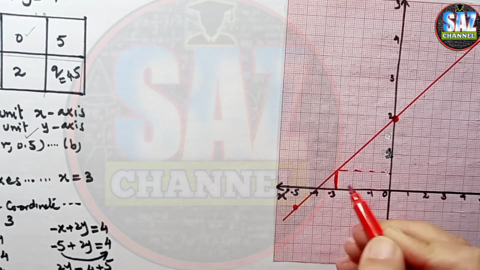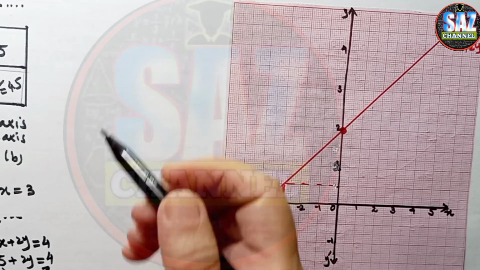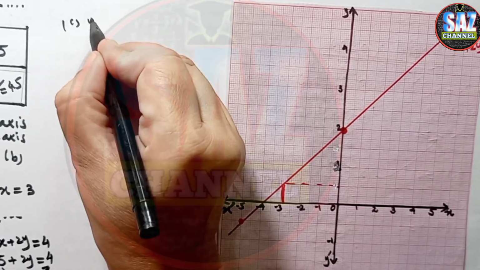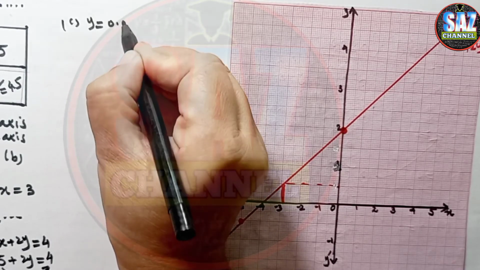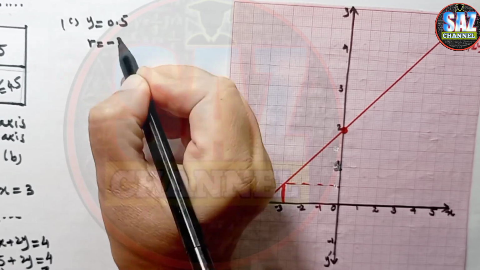This is the answer to the part: when y is 0.5, the r value is minus 3.